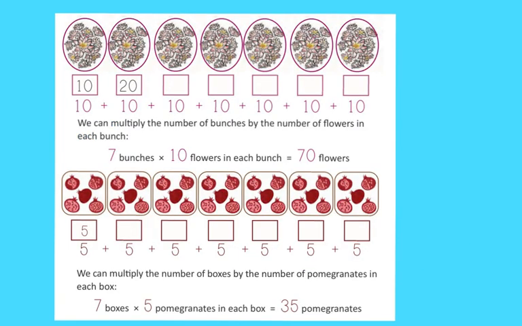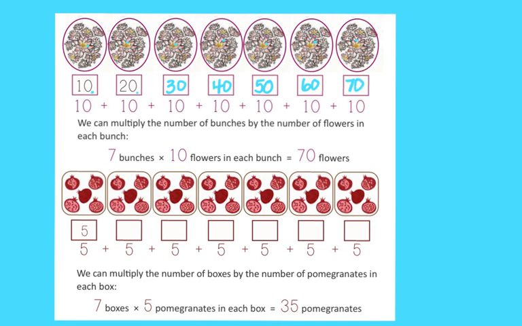Okay, now let's look at the lotus flowers. Remember that Chun put those in groups of 10. So each of these groups has 10. So we're going to skip count by 10s. 10, 20, 30, 40, 50, 60, and 70.